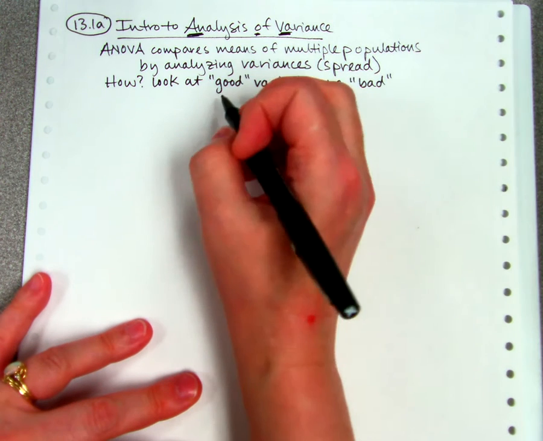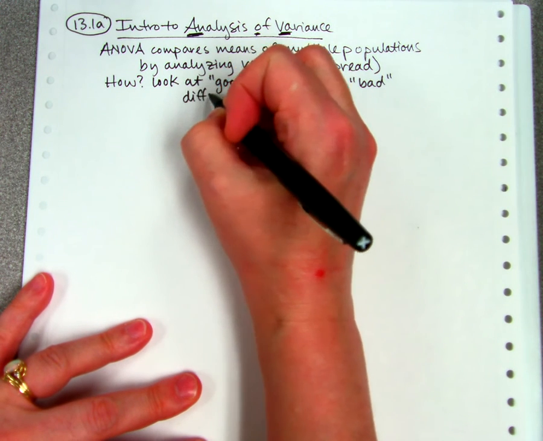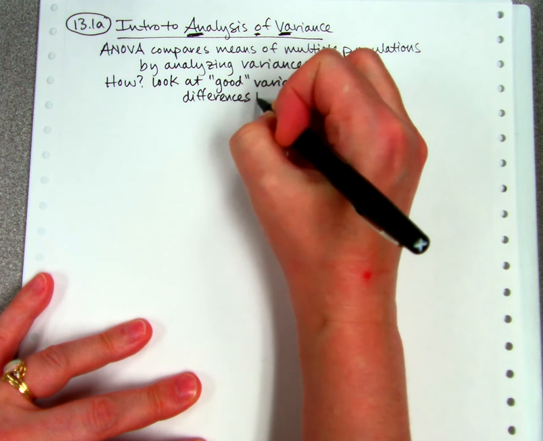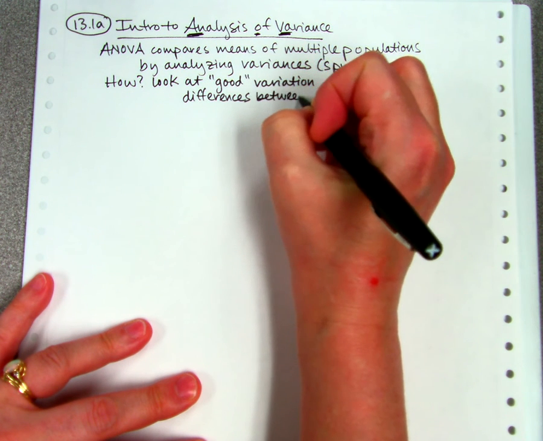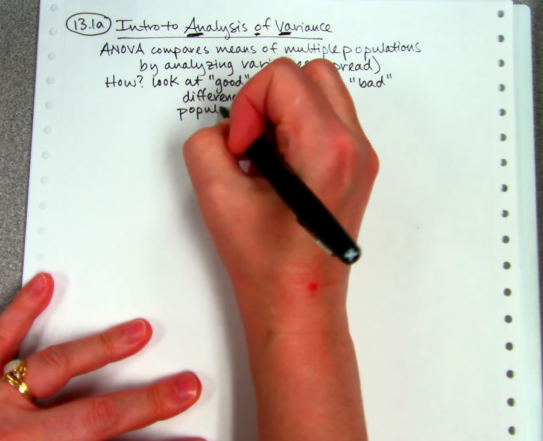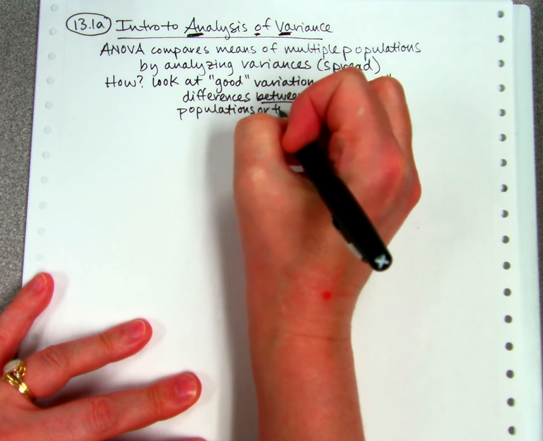And the good variation is the differences between the treatments, because that's what we want to find. We want to find differences between our populations. Or if it's an experiment, that would be treatment.